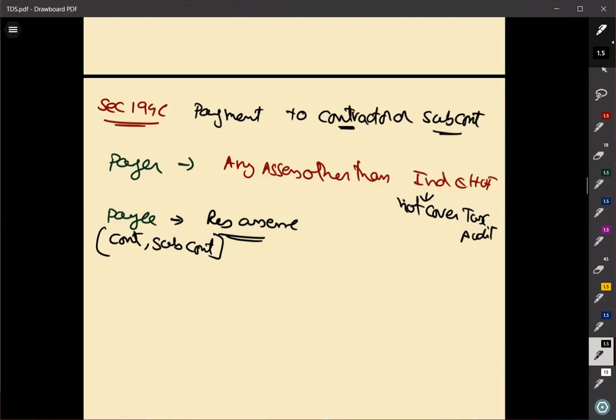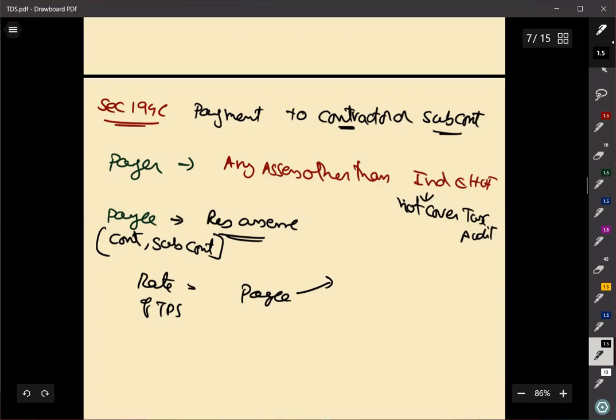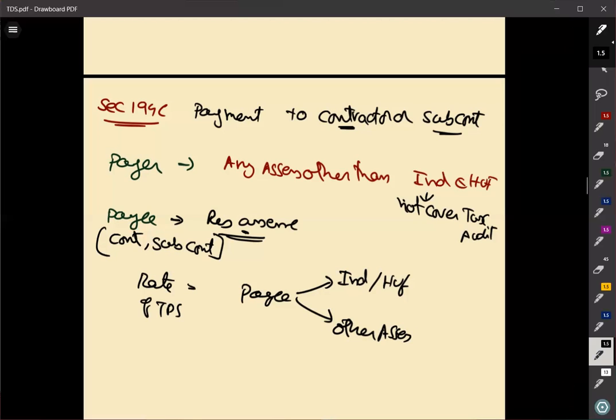Now, rate of TDS. What is the rate of TDS? I need to see whether the payee is individual or HUF, or whether the payee is other SSC. Here we had called him resident SSC, means anything, he can be individual HUF or other SSC.